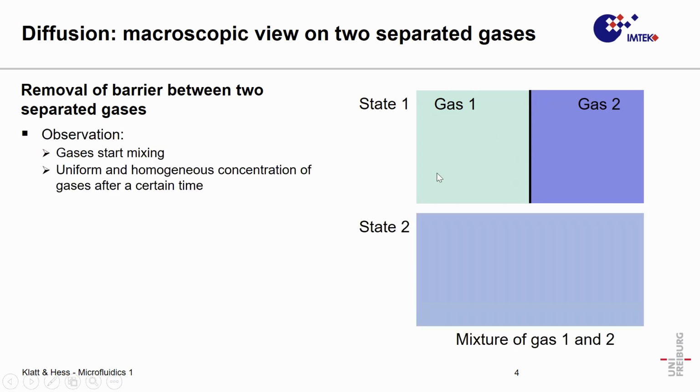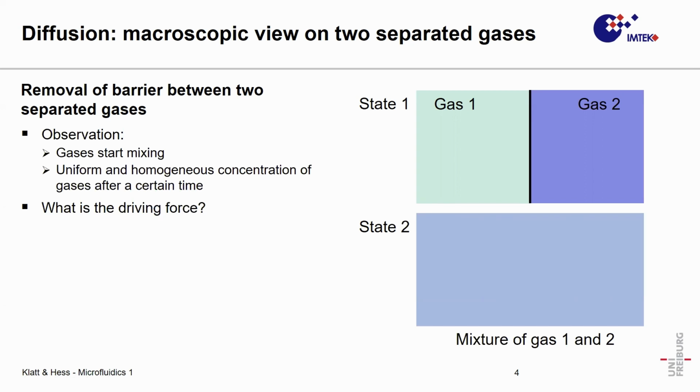If you look, and you can still separate the gases, you would see that they slowly start to mix, starting from the interface at the start here. And after a certain time, you will have a perfect mixture of gas 1 and 2, which is described here in state 2. So in general, we know that this happens, and I guess it's somehow intuitive to you as well that they wouldn't stay separated.